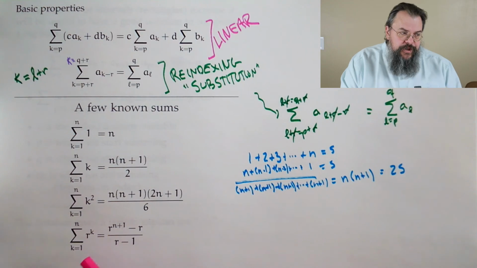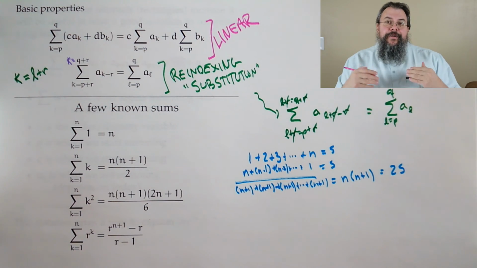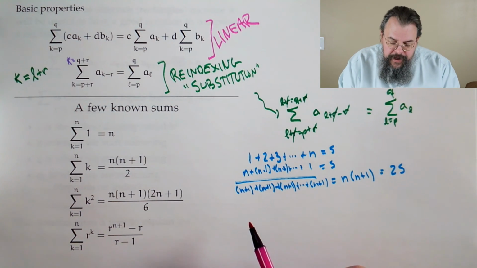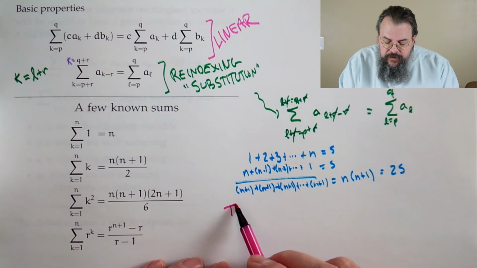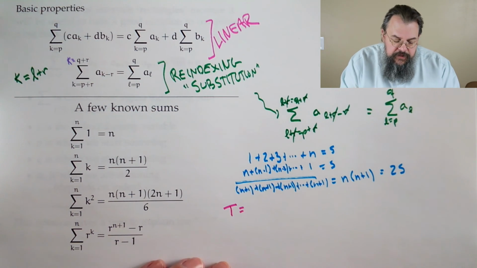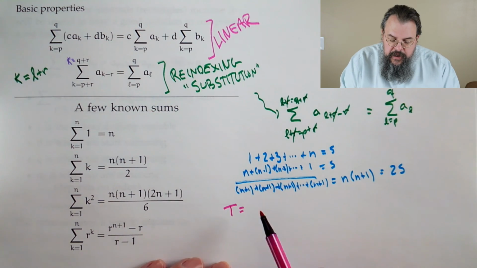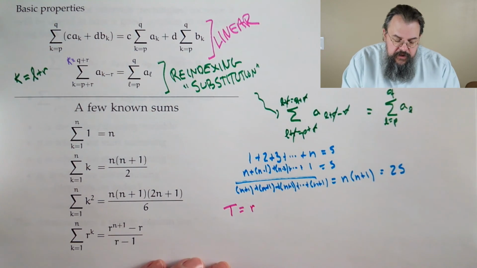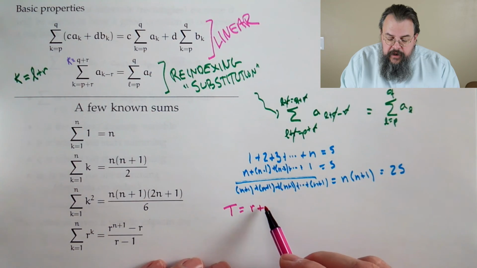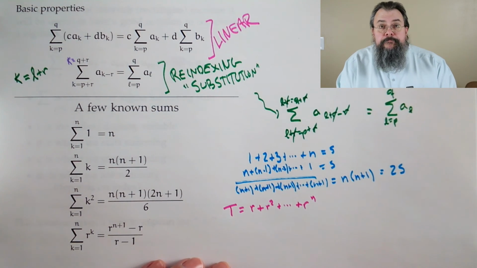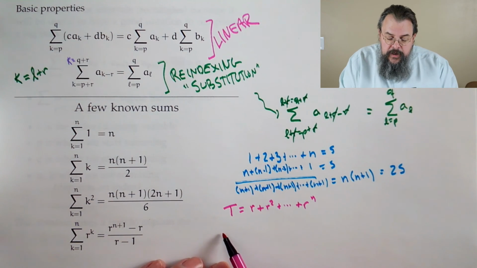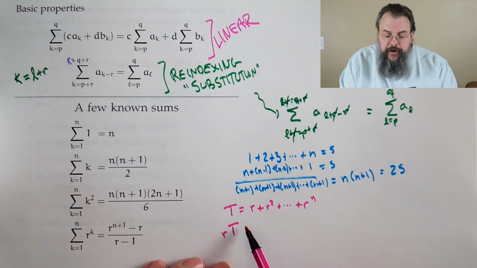I will mention this one is really cool: the sum of r to the k. Well, what do you have? Whatever the answer is, we'll call it t. If you start at 1, you get r to the 1, then r to the 2, and you keep going all the way up to r to the n. Now, multiply by r.